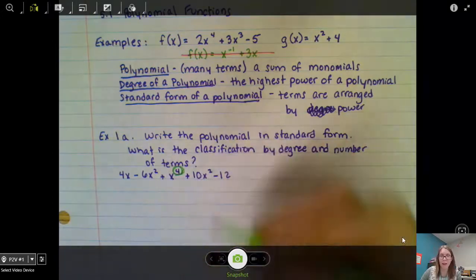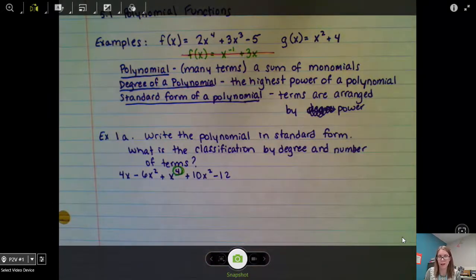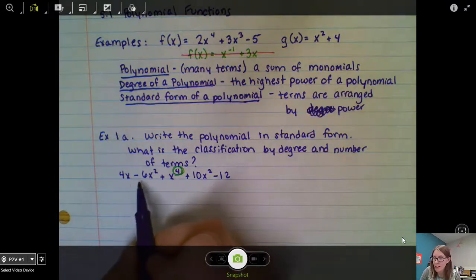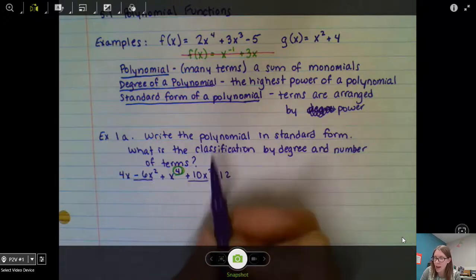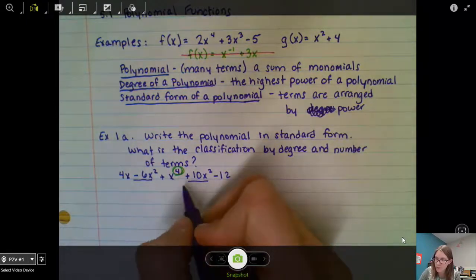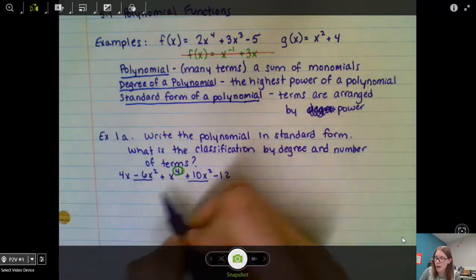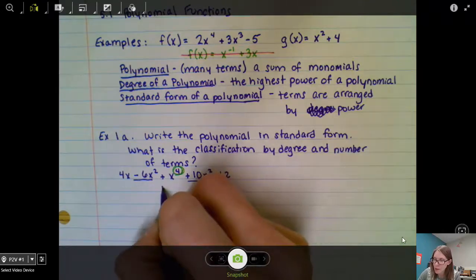So that tells me that my degree is 4, which I'll write down in a second. Now, as far as the number of terms go, I want to see if I can simplify anything here. And I do have a couple things I can simplify. I have negative 6x squared and positive 10x squared. Together, we get 4x squared.